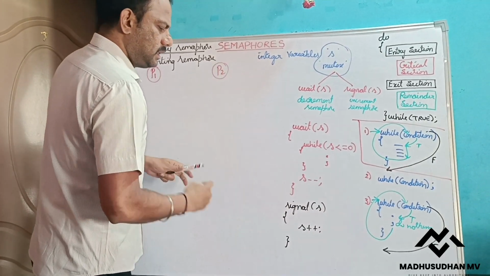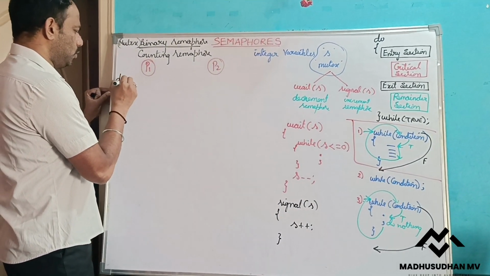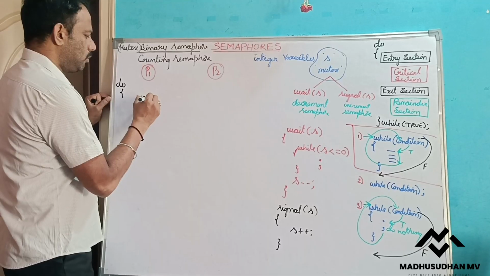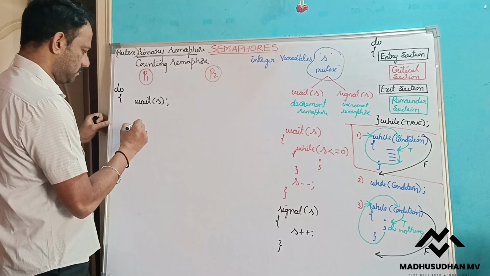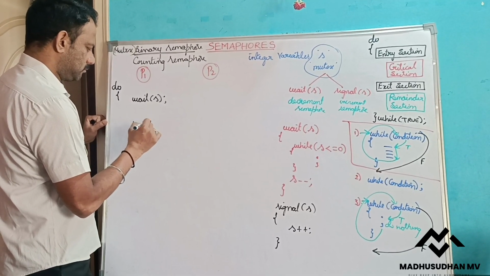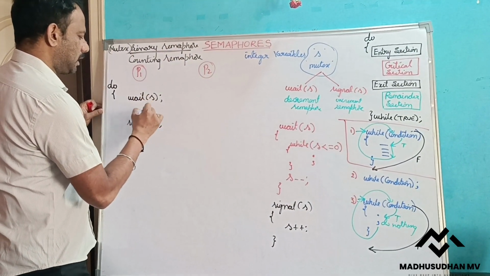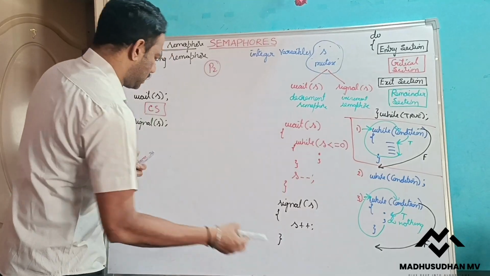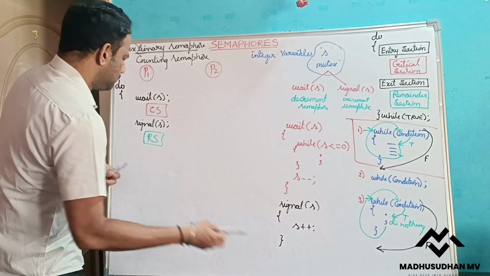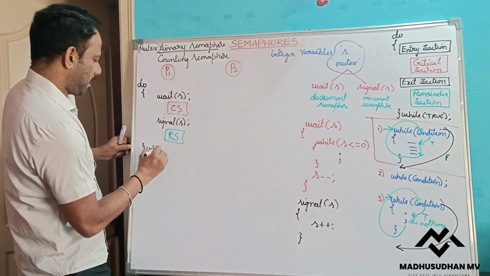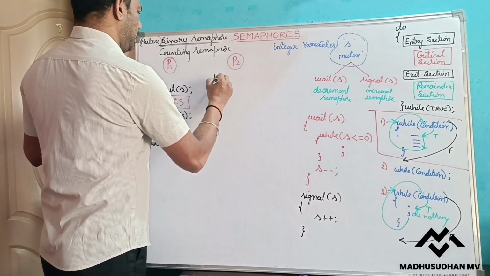Both are using this common shared variable, the semaphore S. Now for P1 I will write do: wait of S, then signal of S. In between I have the critical section, then I have the remainder section. This is process P1. Now similarly the same for process P2.